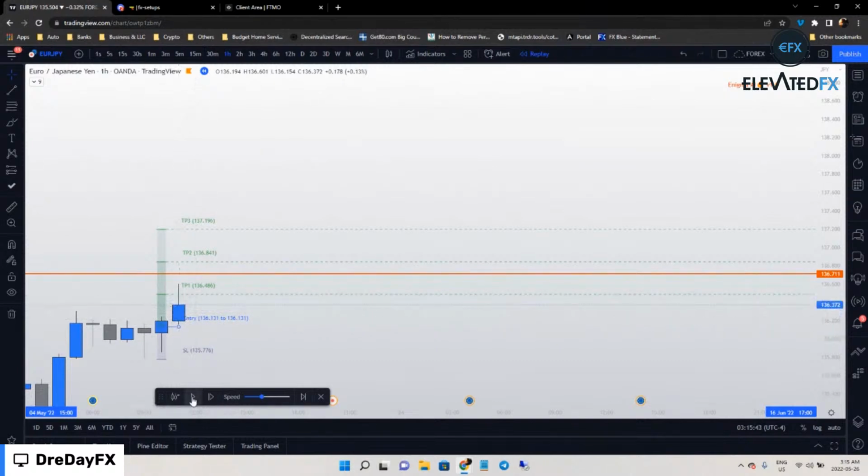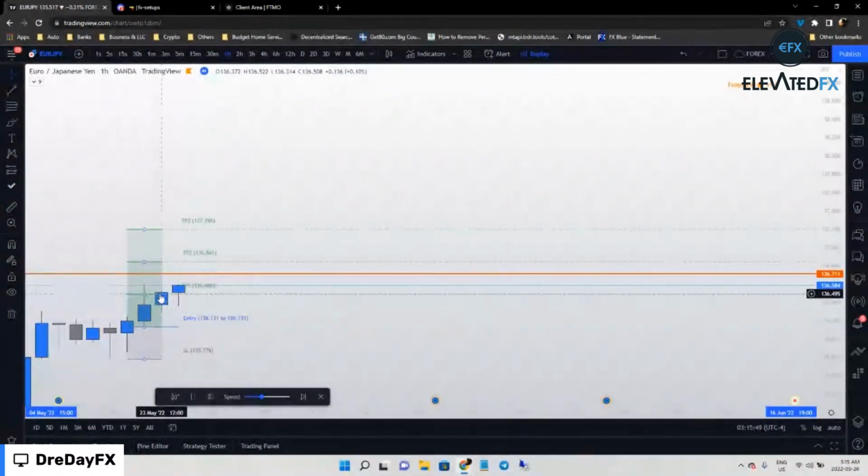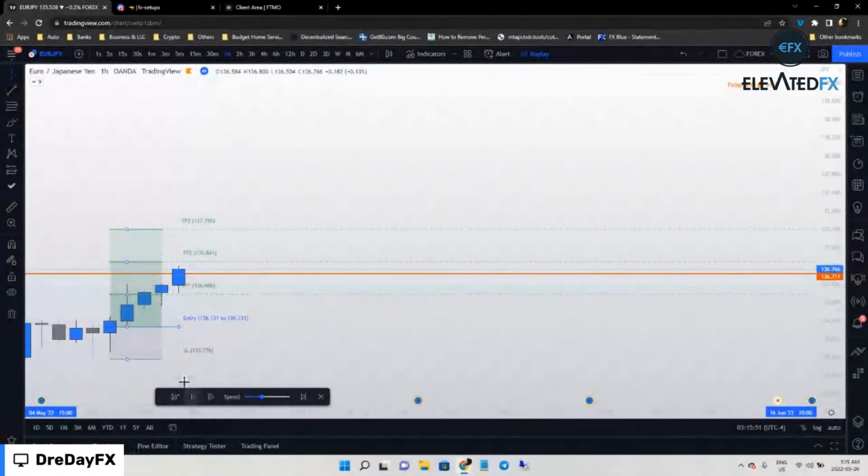Let's see what happened here. So already TP1. Now another thing is my stop loss. Even though the stop loss is right there, I always put my stop loss here at the beginning of the previous candle, the candle that created the setup.